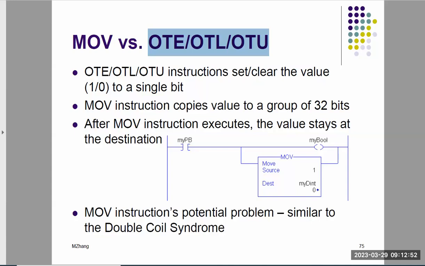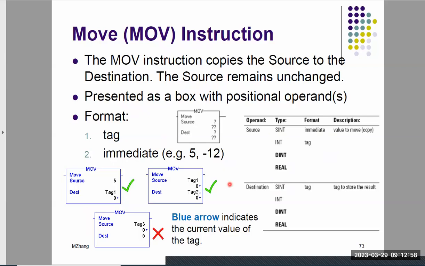So it won't be the same as what you see here, but probably similar to this. You can see here, in one of the formats, the source and the destination are both tag names. So this Tag 1 here could be from the input channel, and then you move it from the input into somewhere in memory so you can process it, right?